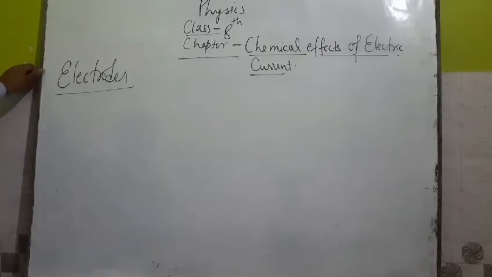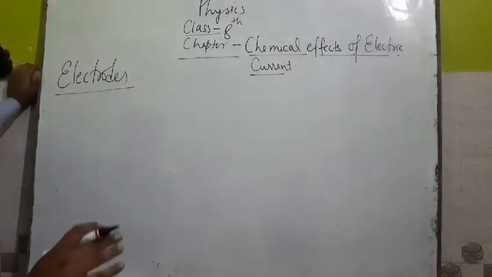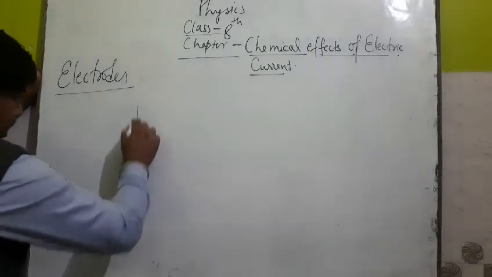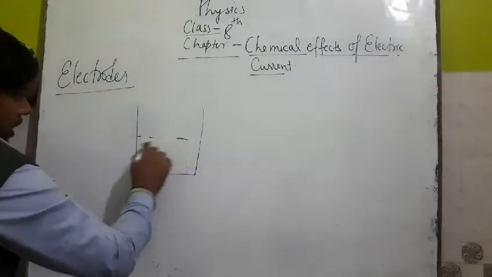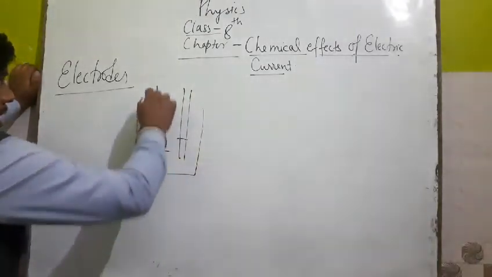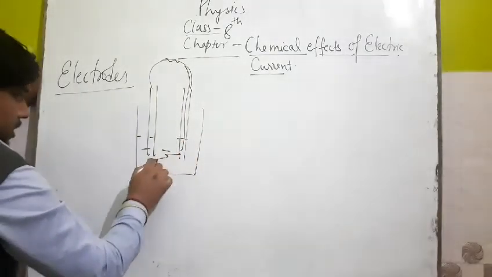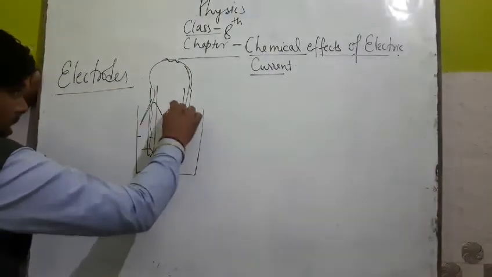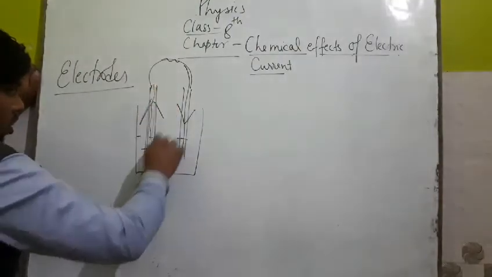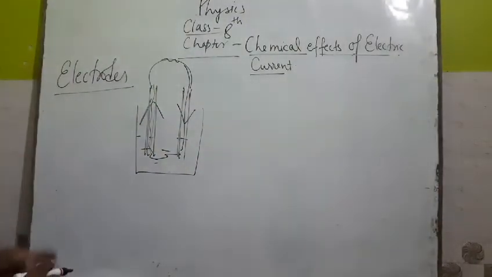Electrodes: a metallic wire or rod through which electric current either enters or leaves an electrolytic solution, that is electrodes. Means अगर कोई एक electrolyte solution है, इसमें दो रॉड लगा दिया, एक से करंट आ रहा है और एक से करंट जा रहा है, इस रॉड को हम क्या कहते हैं? इलेक्ट्रोड्स. क्लियर?